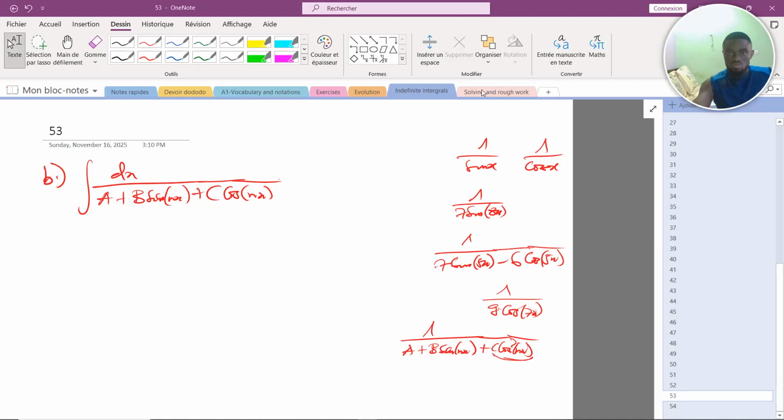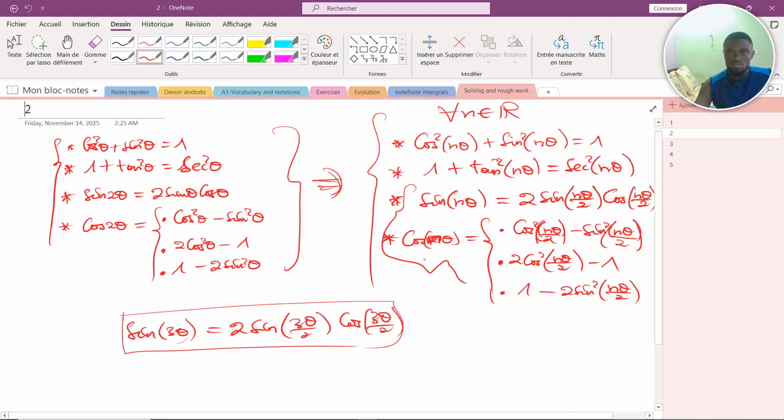If you can recall, when I'm talking of linear form, you know that sine n theta is equal to 2 sine n theta on 2 cos n theta on 2, and cos n theta is equal to what? These are the three forms.